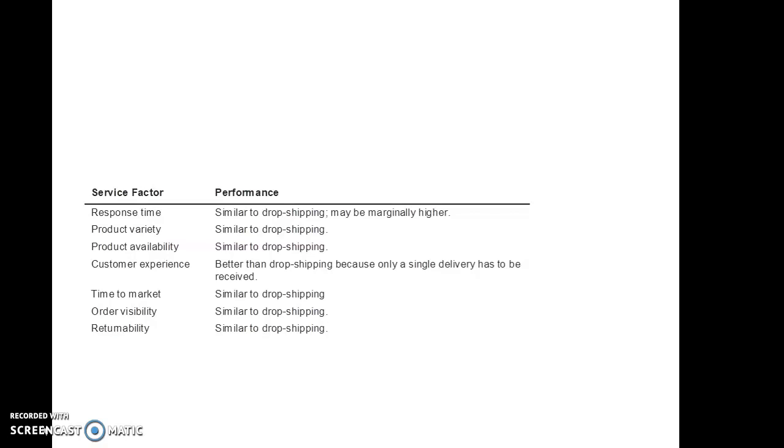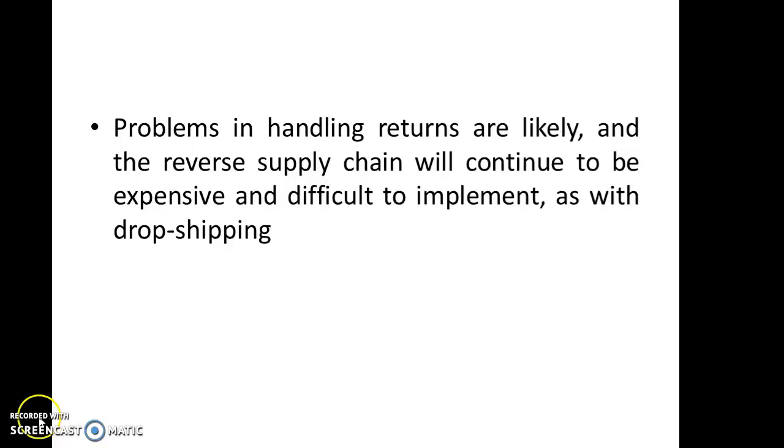The process of returnability is difficult because we are collecting the products from various factories or manufacturers, so the process will take a long time and more work. In this method we may face problems in handling returns of products due to the in-transit merge facility, and the reverse supply chain will continue to be expensive and difficult to implement as it happens in the drop shipping method also.